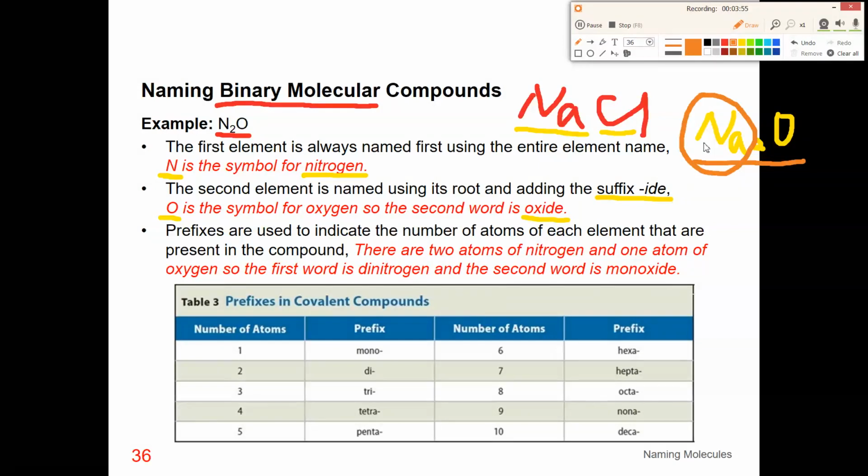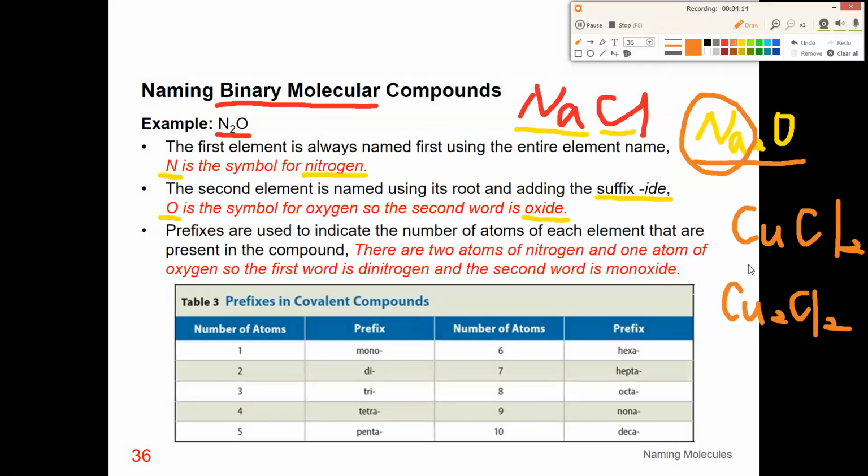If there's only one possible positive charge, we don't need to identify the charge. If it has multiple possibilities, like copper 2 chloride or copper 1 chloride, we need to use a Roman numeral in parentheses to identify the charge for the cation.